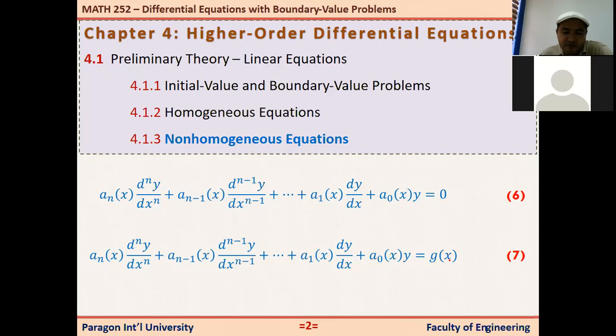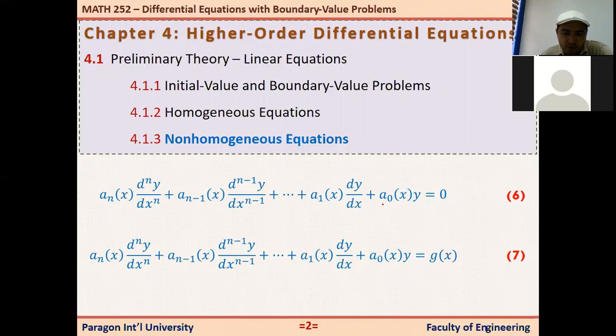Of course, it's not constant, it's a function, but it's not multiplied by y or the derivative of y of any order. This is the nth order non-homogeneous equation, nth order because the function is differentiated n times. Non-homogeneous because here we do not have 0, we have a function. But here we have 0, and that's why it is called the homogeneous equation.